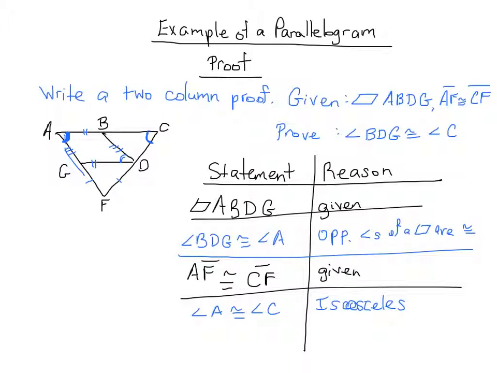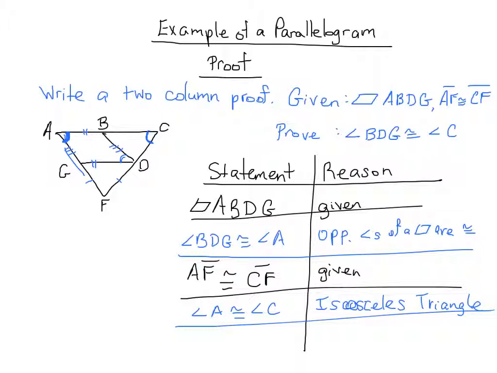It's so wonderfully easy to spell. Just kidding. All right. So here we have an isosceles triangle, and that again is the reason why that and that are congruent to each other.